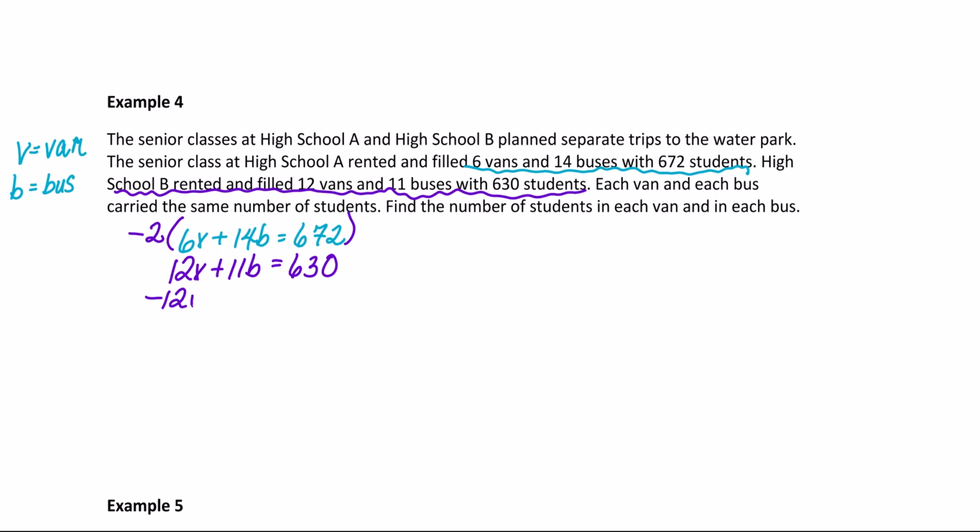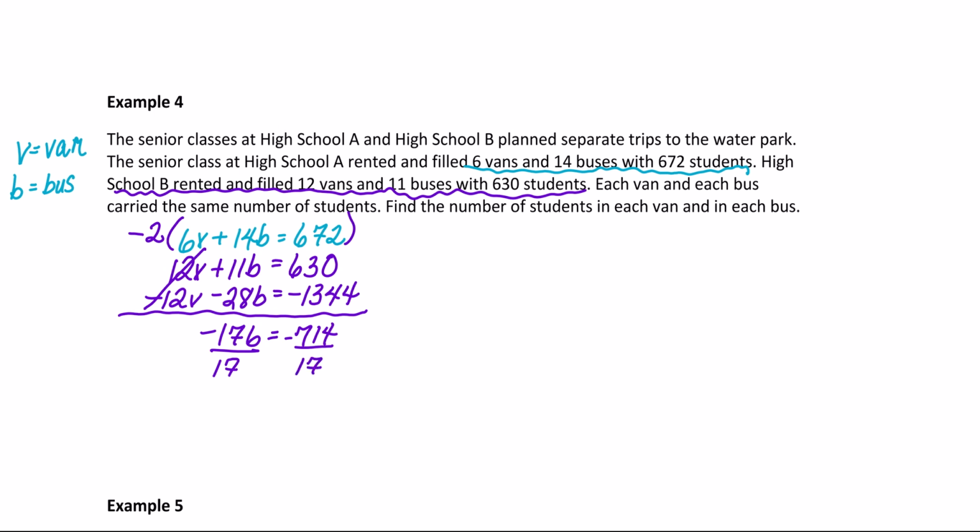So -12V minus 28B equals -1,344. Now these are opposites, so they cancel out. We get -17B equals -714, and divide by -17.